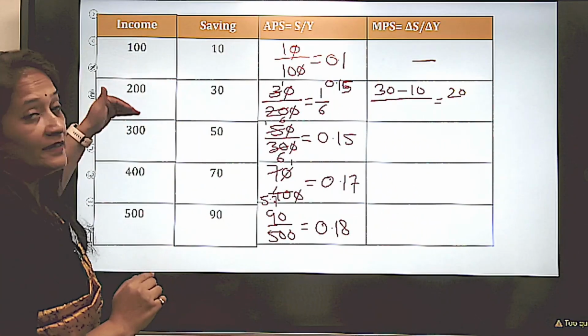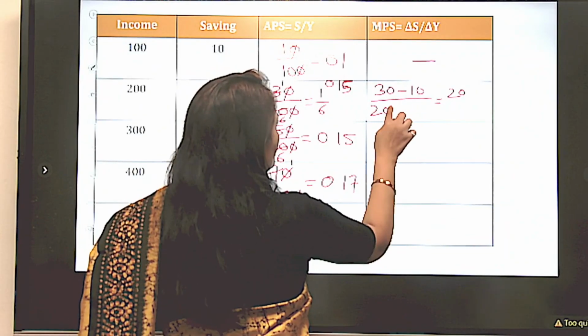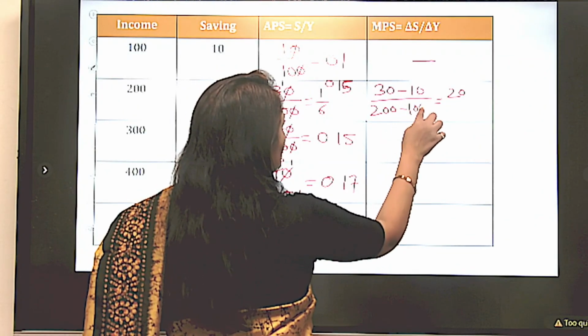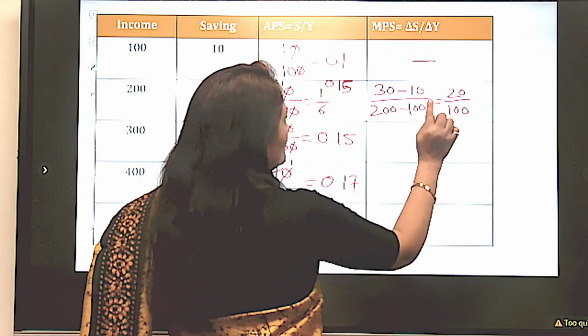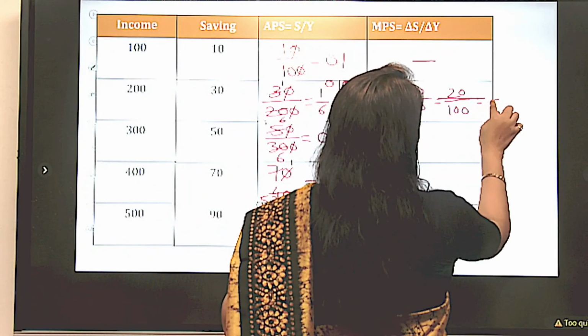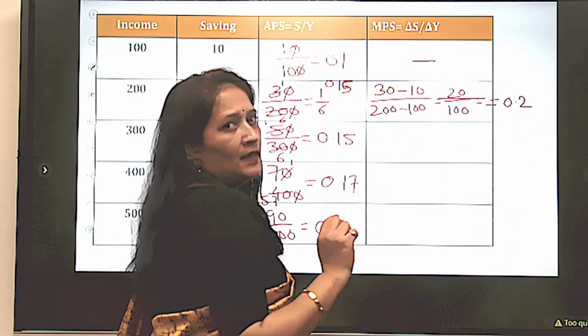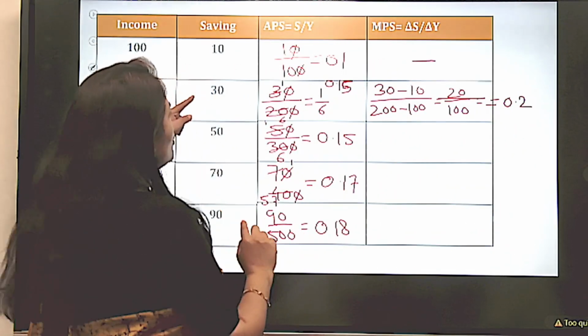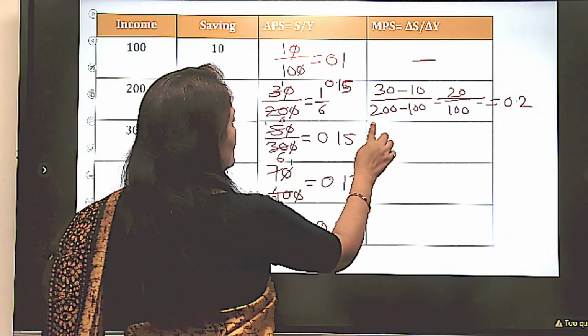Out of what level of income change? The new income is 200 minus the old income of 100. So 20 upon 100, you get the answer 0.2. Now let's do it for some more values. Now the change in the savings.